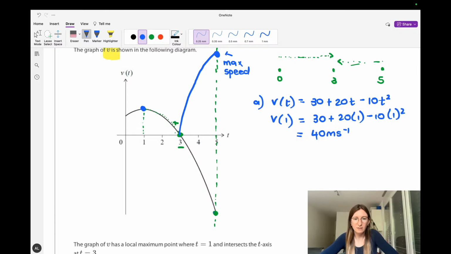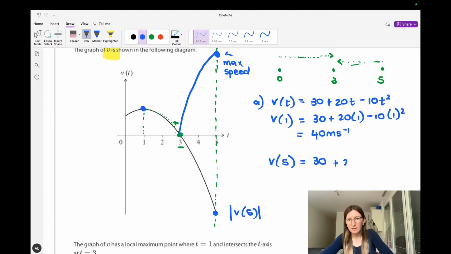That's my maximum speed. And it's whatever this value is. Let's say that's v of 5 absolute valued, right? So we need to find the velocity at t equals 5, because that's the end point there. And then the absolute value of that. So 30 plus 20 times 5 minus 10, 5 squared. So that's 30 plus 100. 5 squared is 25 times 10 is 250.